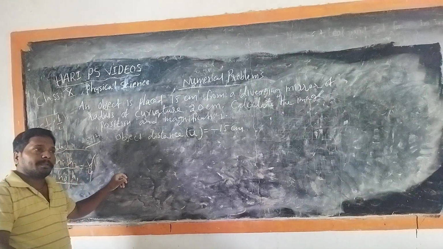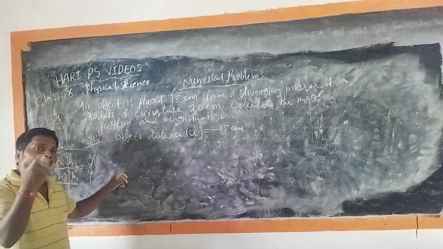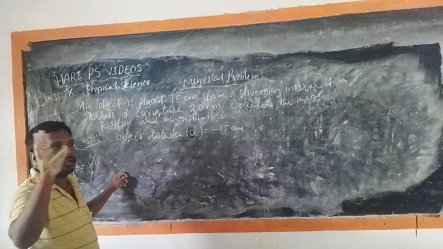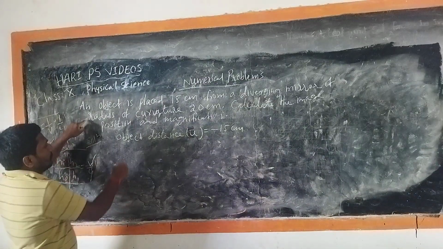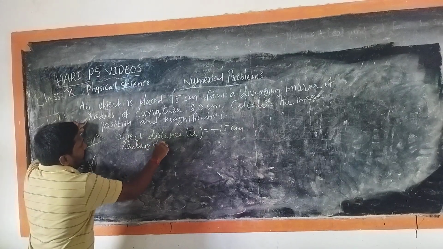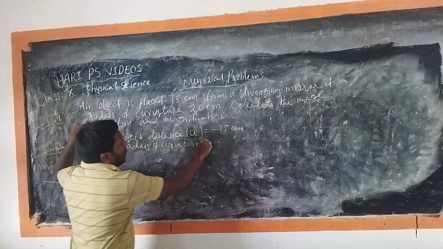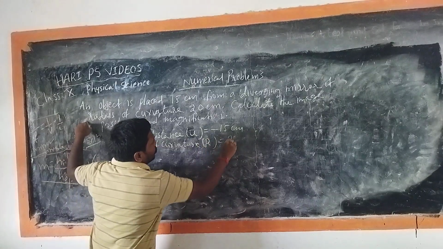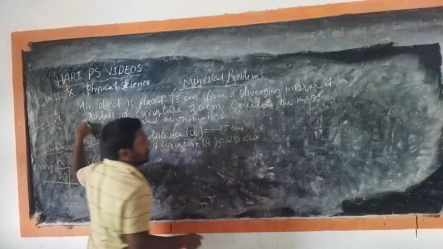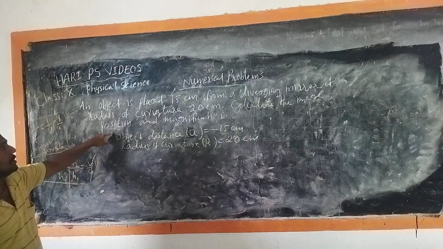For the diverging mirror, and for the converging mirror, the object distance is always negative. Then one more, radius of curvature R equal to 20 centimeters. This is a positive value.